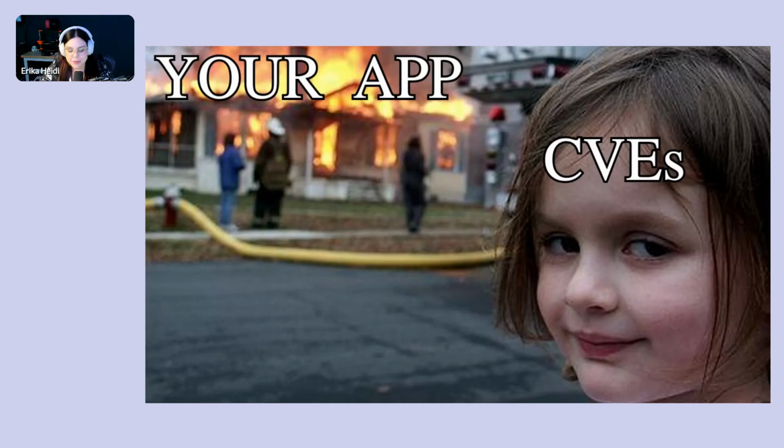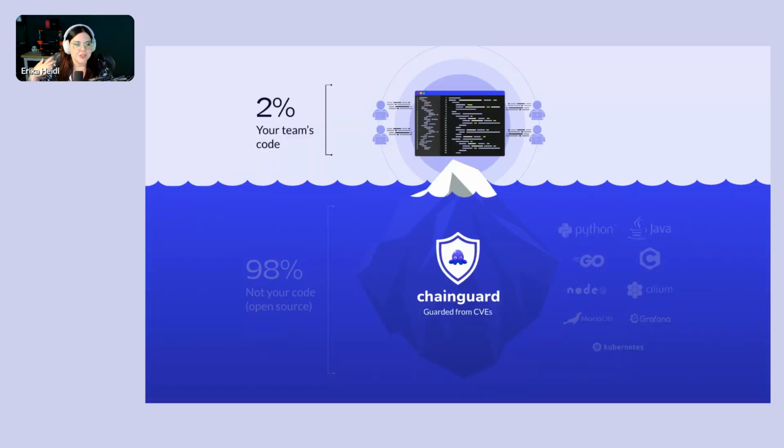In your app, there will always be some CVEs lurking, whether it's in the top level of your app or in the huge pile of software that you are depending on, because everybody uses open source, and open source is great. I love open source. I do open source. I contribute. But there's a lot of unknowns.